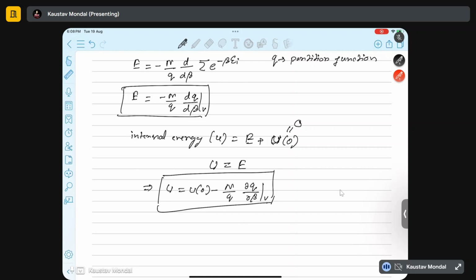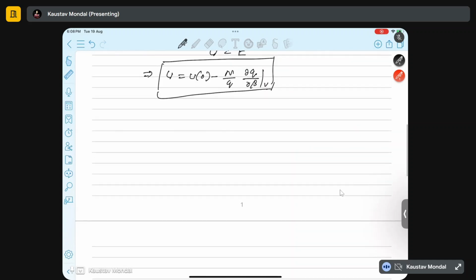Next, we derived the expression of beta. Beta is 1 by kBT, right? But in our previous discussion we were simply using this result without explicitly deriving how beta equal to 1 by kBT comes about. So in our last tutorial, we derived how beta equal to 1 by kBT comes. How did we do it?